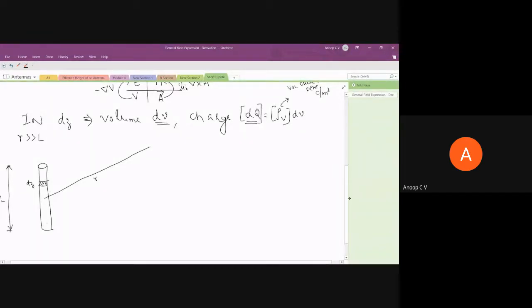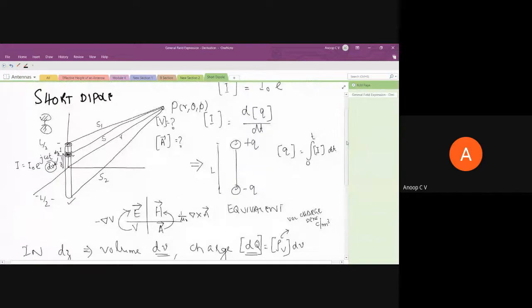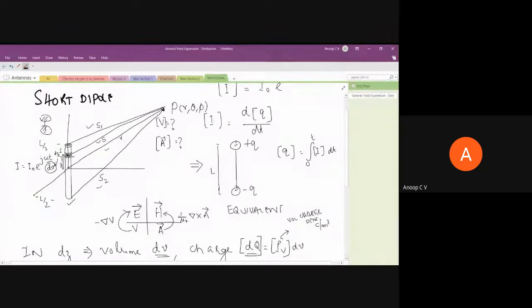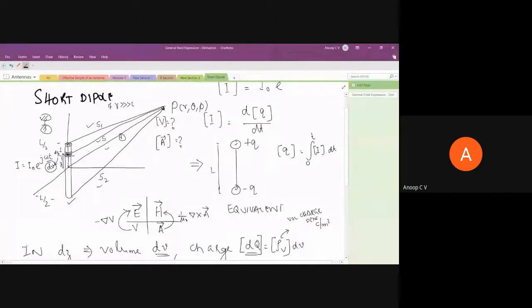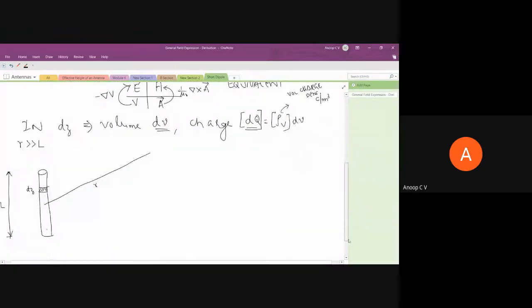So even though I have shown here they are converging at some point, these rays S1, SR, S2 all are converging at this point P. Even though I have shown like that, if this distance r is very large compared to L, then we can assume these rays to be parallel to each other. We have done that while deriving the expression for the array due to point charges. So I am using that assumption now.